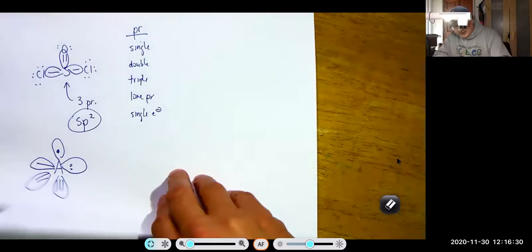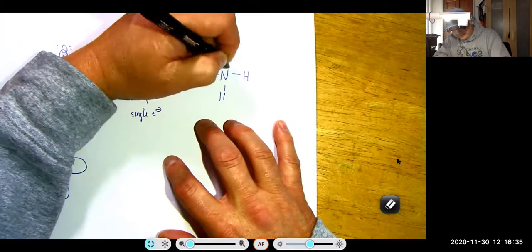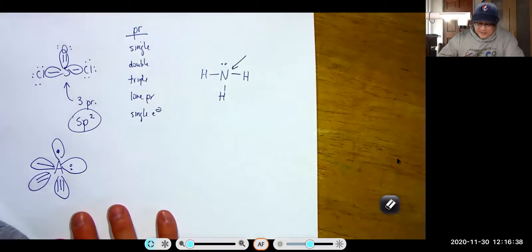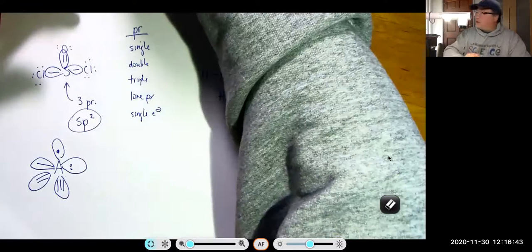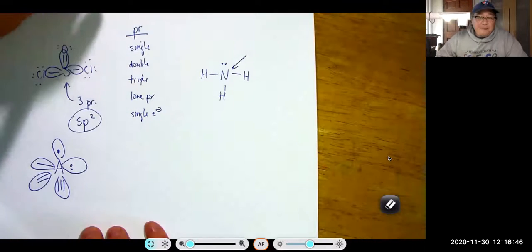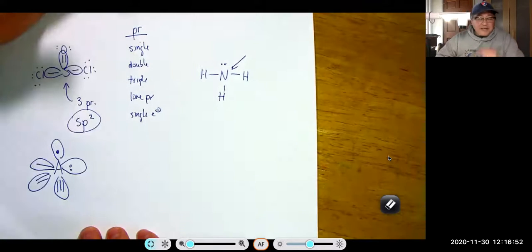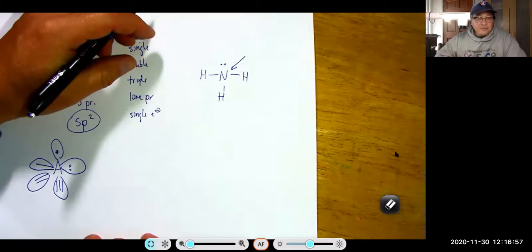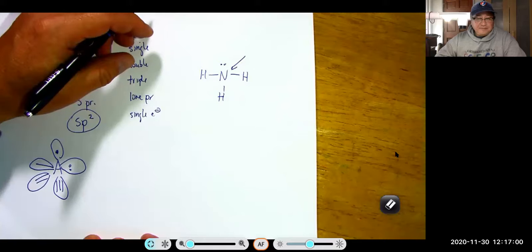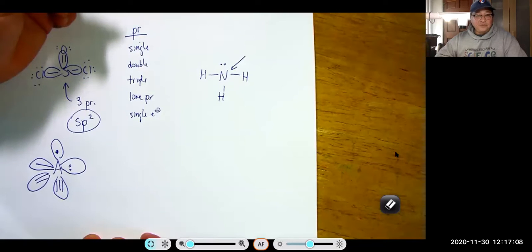Okay, tell me the hybridization on this guy. Well, tell me how many pair first of all. If you think it's 1 pair, give me a thumbs up. 2, 3, 4. Correct. So if you think the hybridization is SP, give me a thumbs up. SP2, SP3, SP3D, SP3D2.